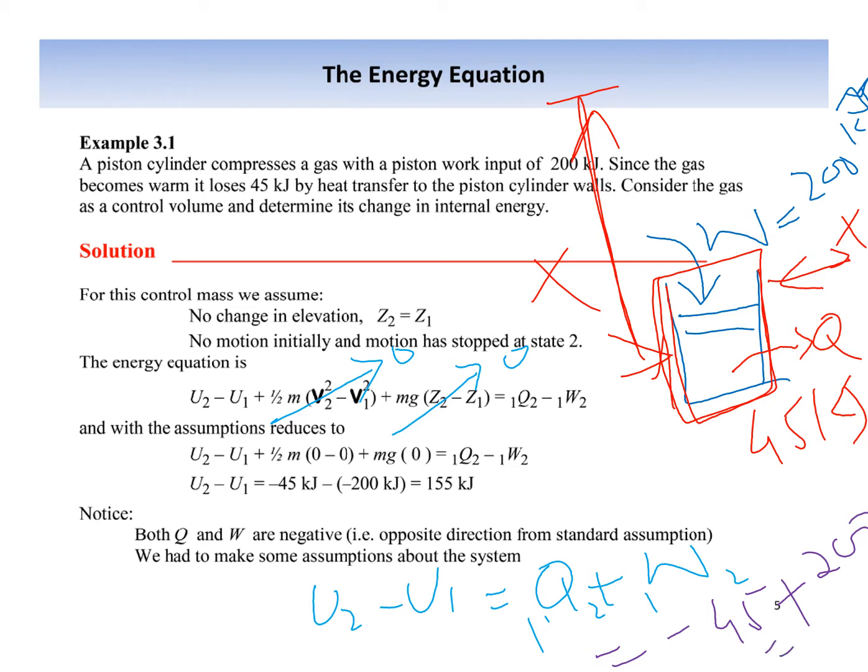If we take it, it will be 155, exactly the same one as here and here. 155 kilojoules of energy difference, and it will be exactly the same difference if you consider the first law of thermodynamics. It will be exactly the same difference of internal energies at state 1, u1, and internal energy at state 2, u2.